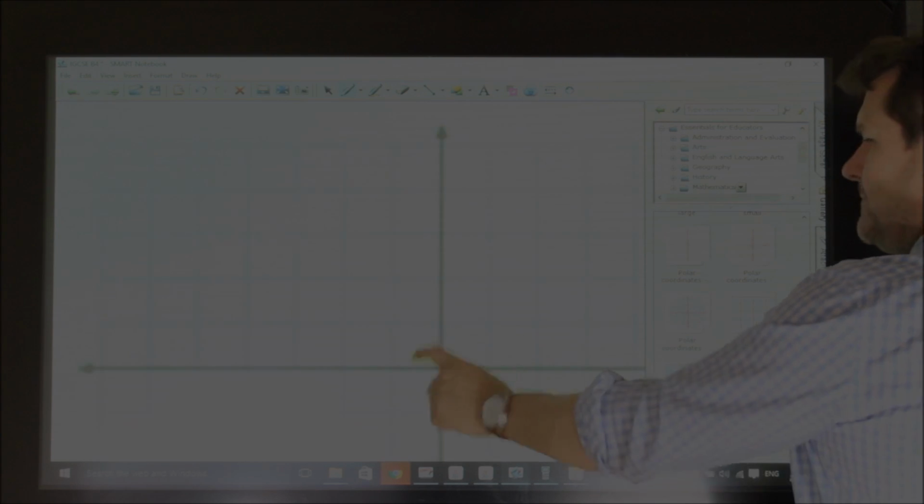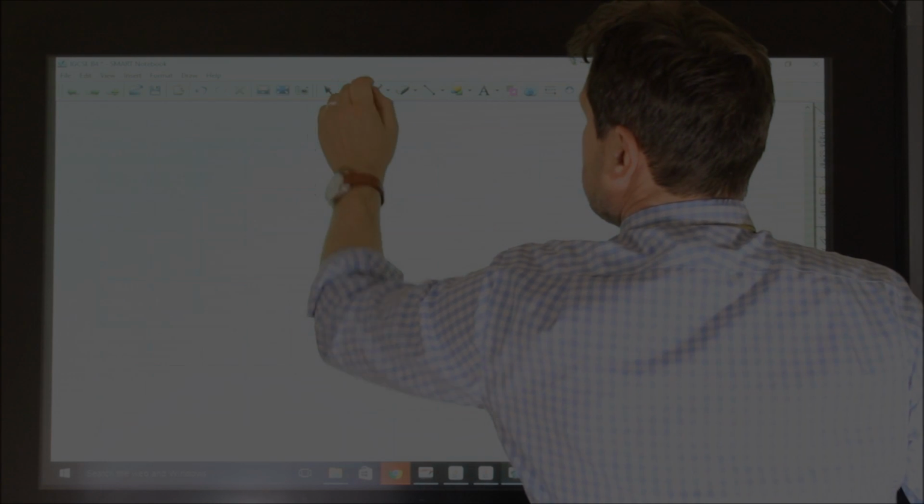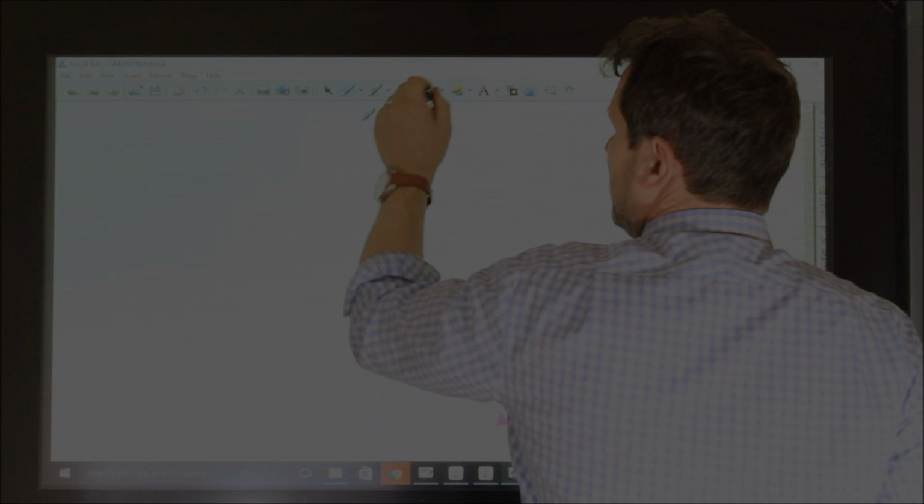We'll use this graph paper instead. Okay. It doesn't seem to like that. We'll do it with that graph paper.